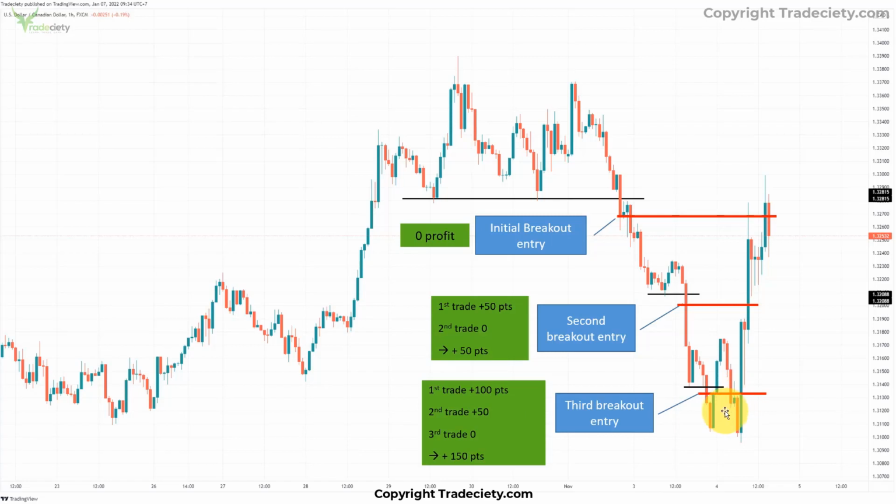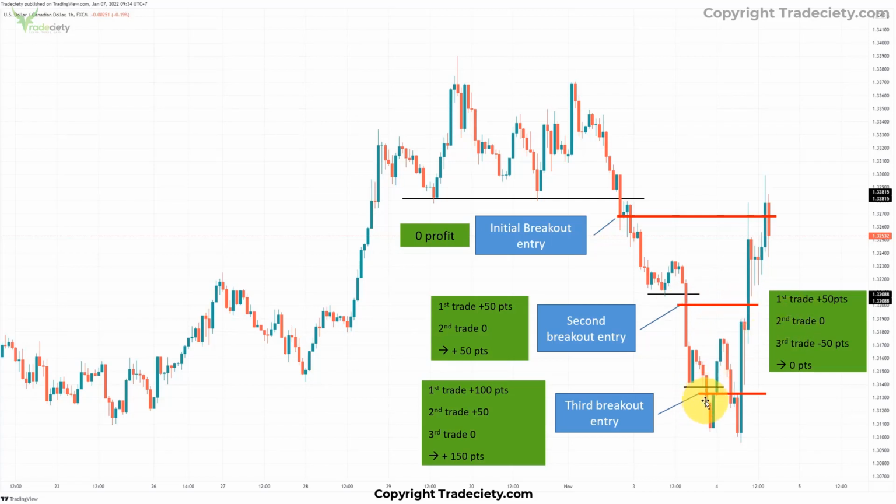But what happens now if the market turns around? Let's assume we are now here, right? So we are back here at the second entry, and at the second entry, let's assume the market turns. Your first trade still has 50 points profit, right? From here to here, it's still 50 points. But the second position where we entered, we are right at the entry, so the second position now has 0 points profit.